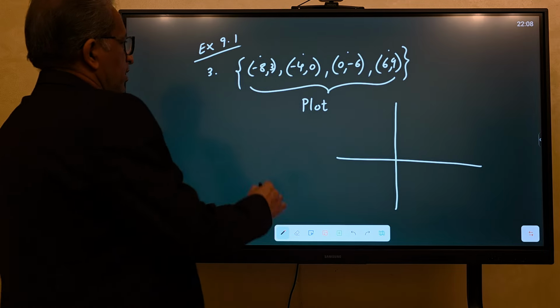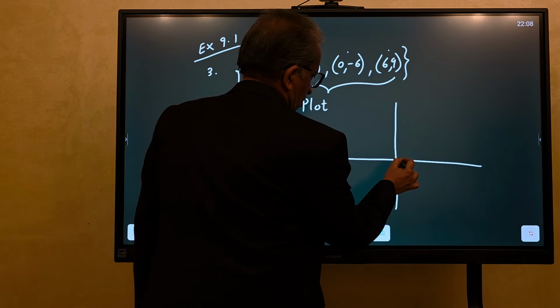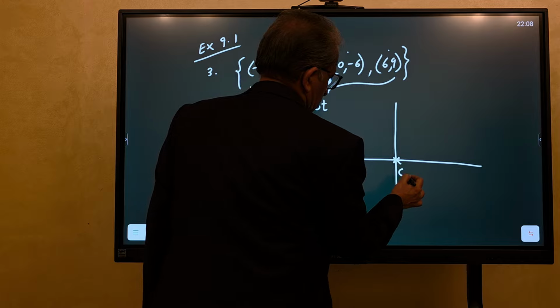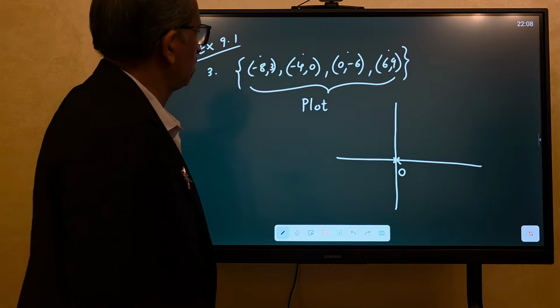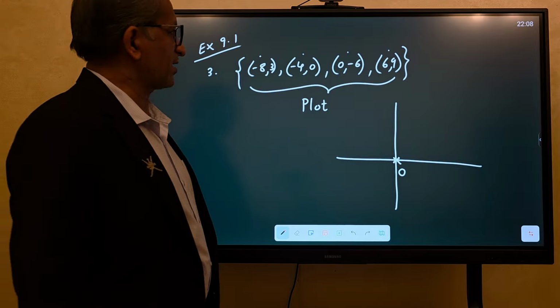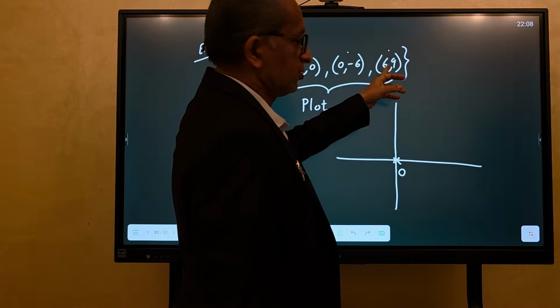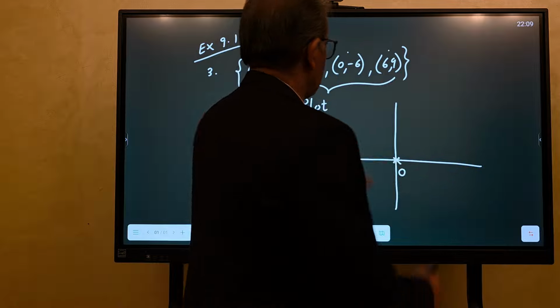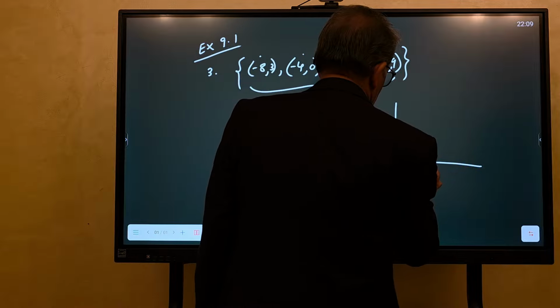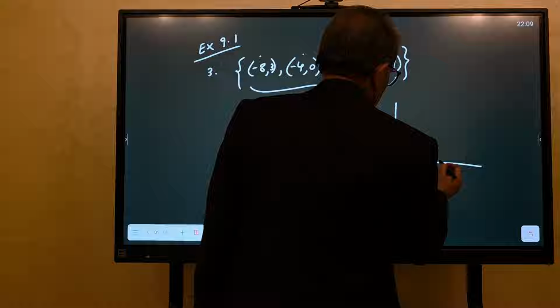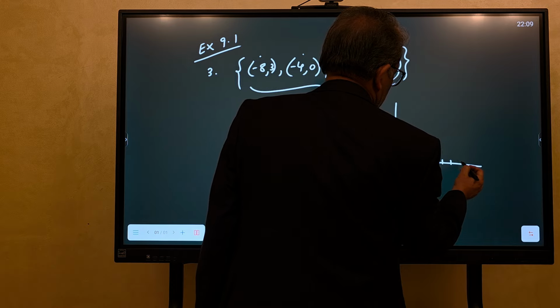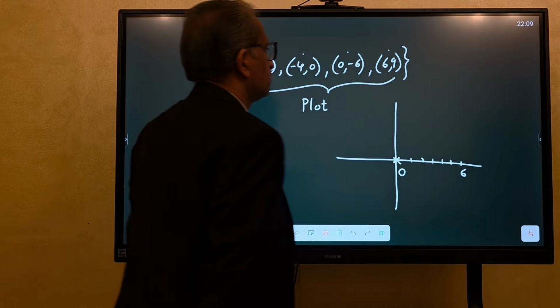Now you see this is your starting point, the origin. Now look at the values of x. Here the value is 6, so I will have to take 6 here because it is positive. So 1, 2, 3, 4, 5, 6 we have here.